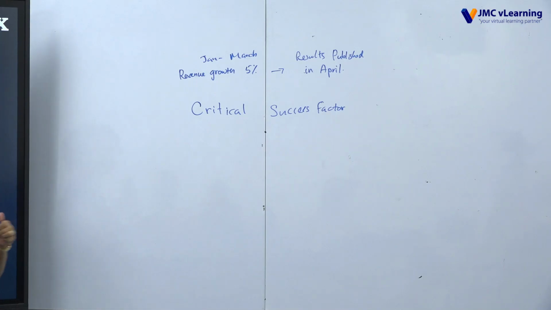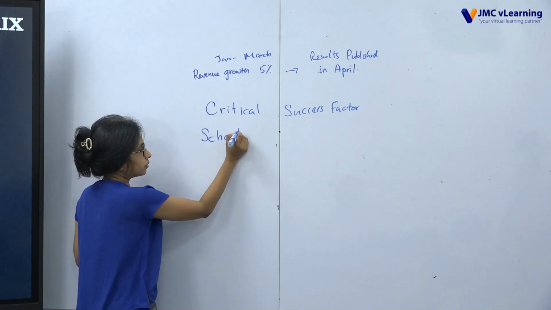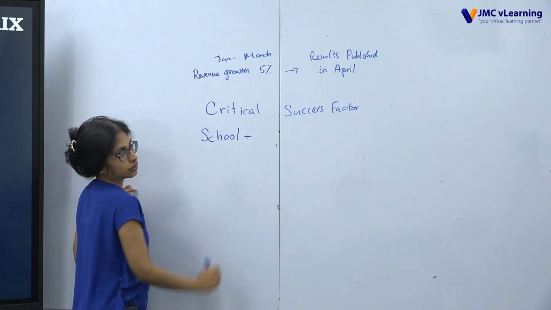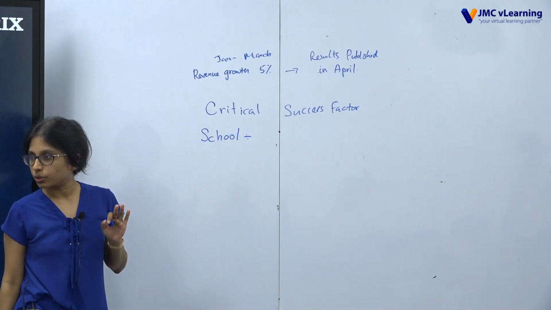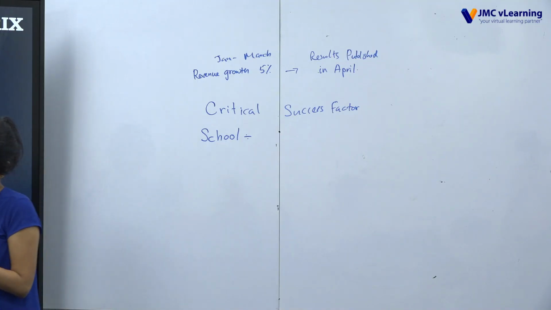Let's take a school. If you are a school, what is the main critical success factor? A government school, let's say, a normal school where children go. Let's look at the country as a whole.